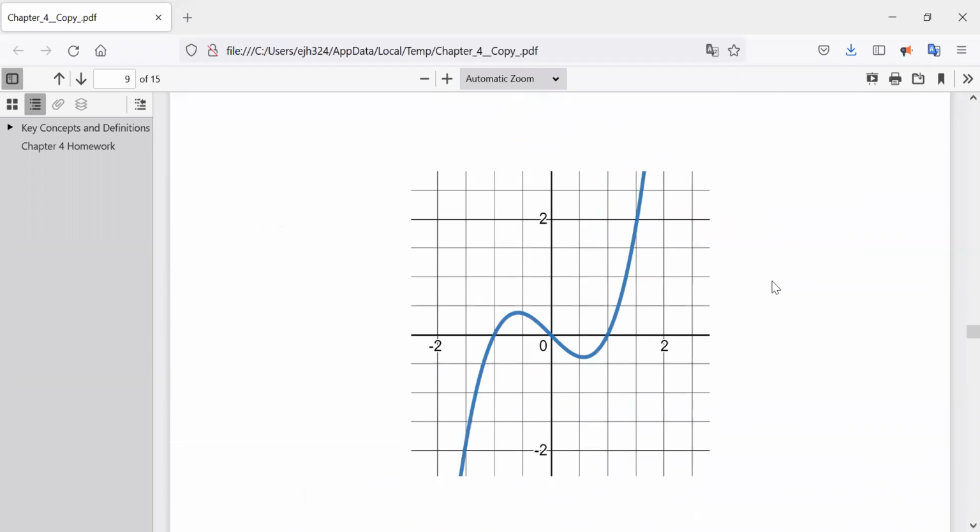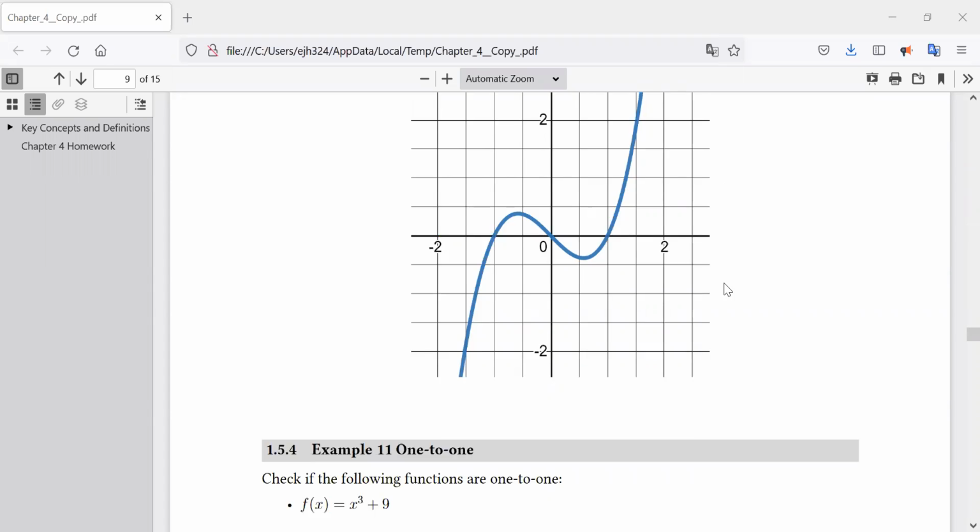Does this function have an inverse? No, because of the horizontal line test. Exactly. This goes through several points, therefore it does not have an inverse.